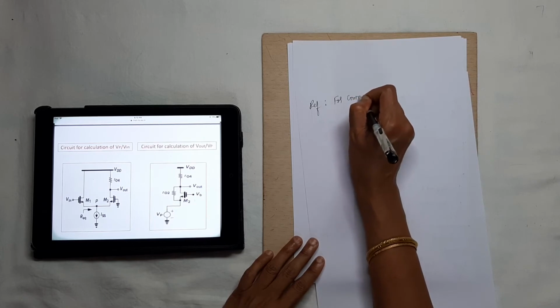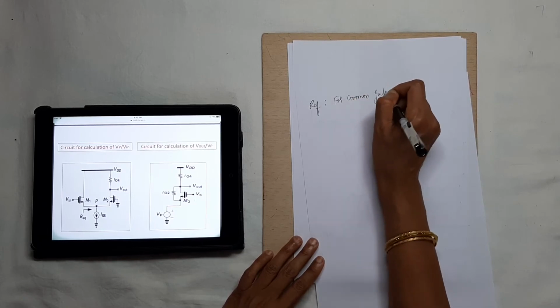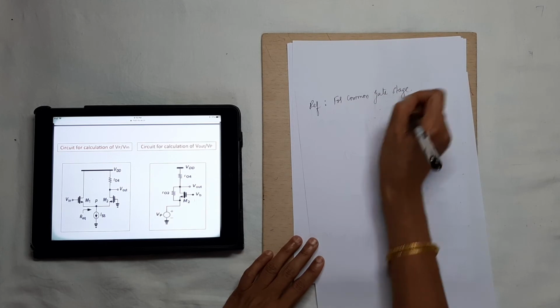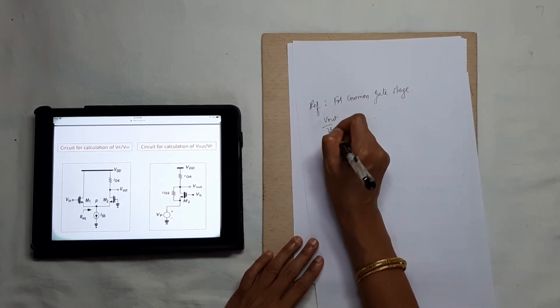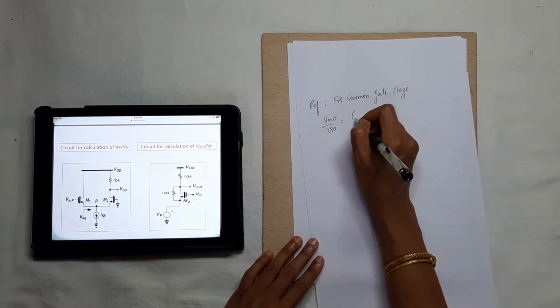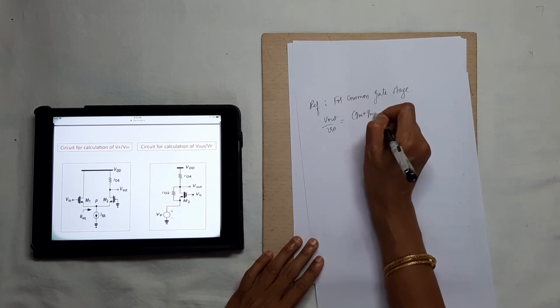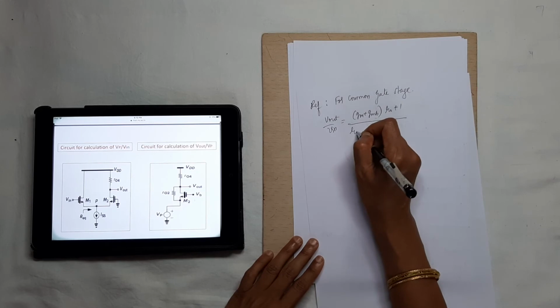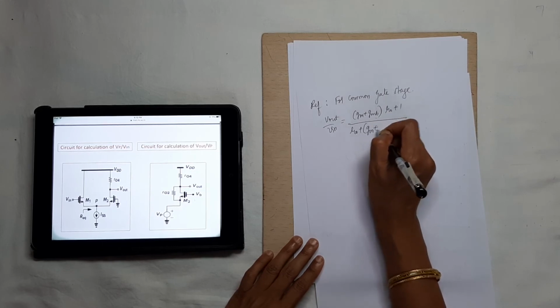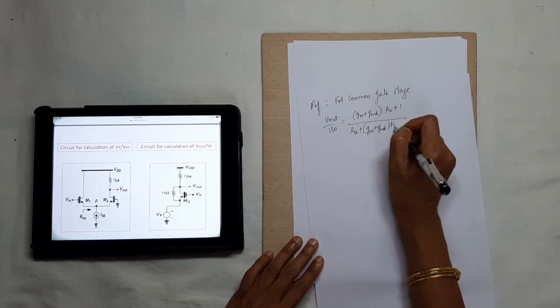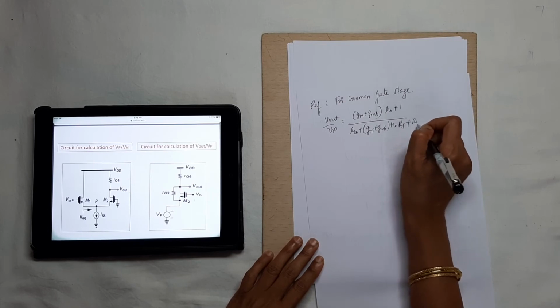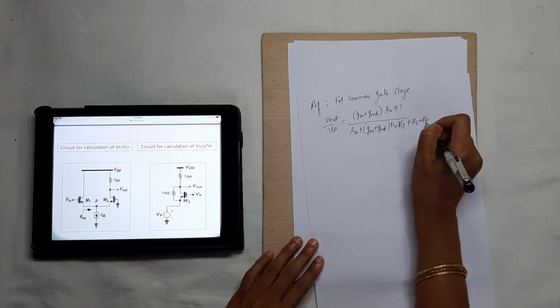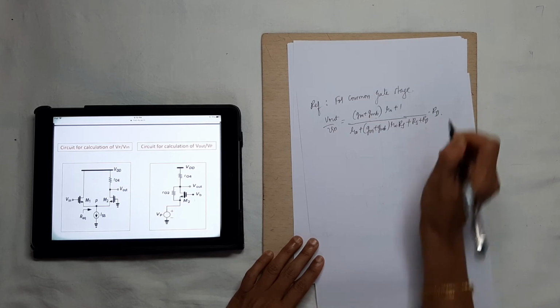For the common gate stage, V out by Vin is given as (Gm plus Gmb) Ro plus 1 divided by Ro plus (Gm plus Gmb) Ro Rs plus Rs plus Rd, multiplied by Rd.